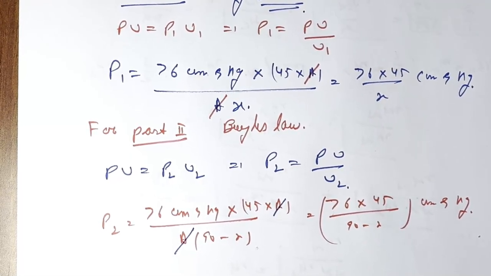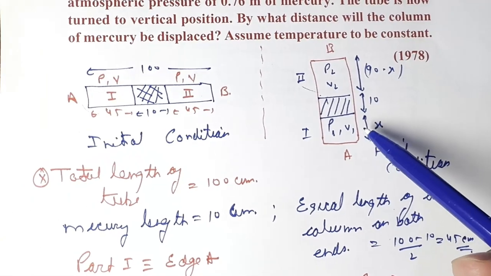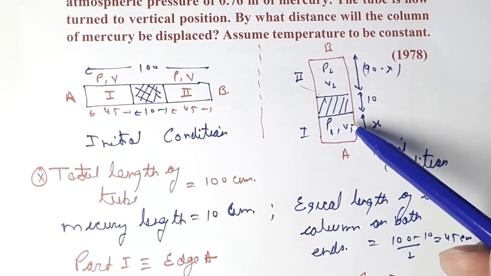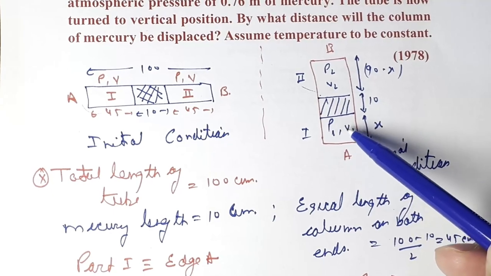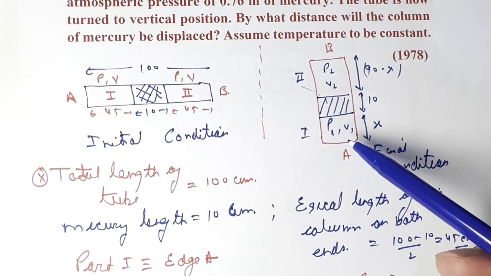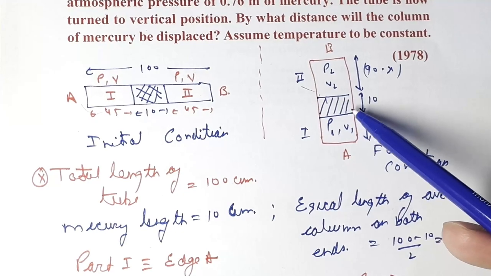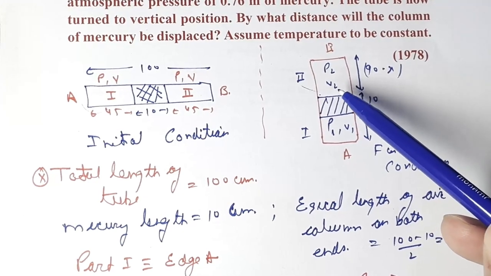Now if we see the diagram, from the final condition we can say the pressure at the bottom is sustained, that is, the pressure in part 1 will be equal to the pressure of the mercury plus the pressure of part 2.